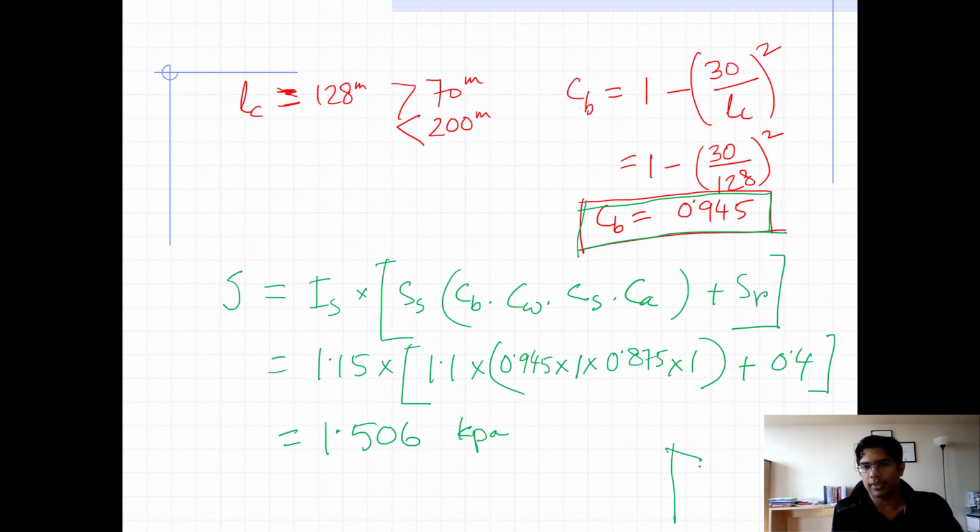So if this is your building, this S value will be applicable over the whole surface, distributed all over, uniformly distributed. S equals 1.506 kPa.